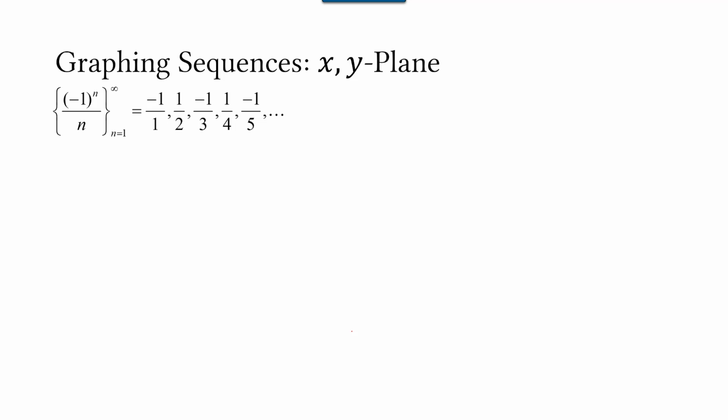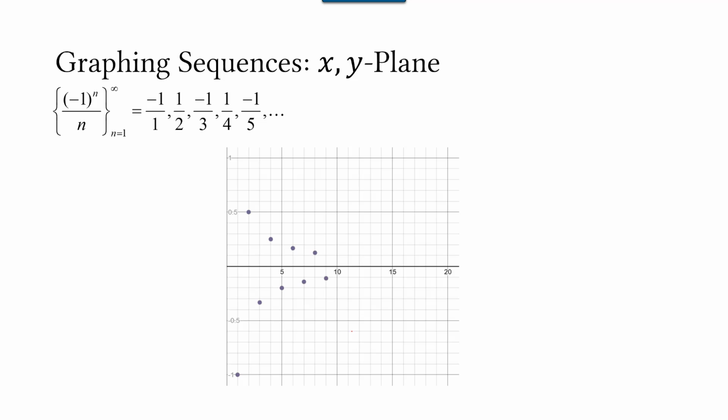Now the following animation will show what the graph of such a sequence would look like. So it's going to plot it over and over again. The first term here would have x coordinate 1, y coordinate minus 1.